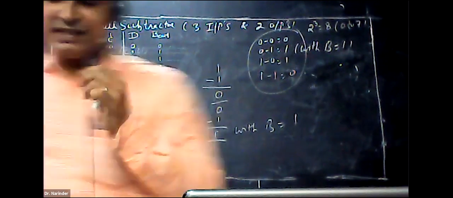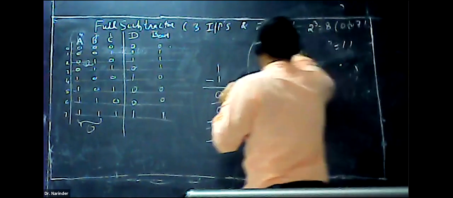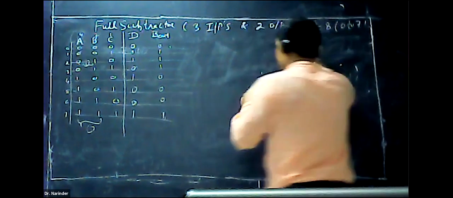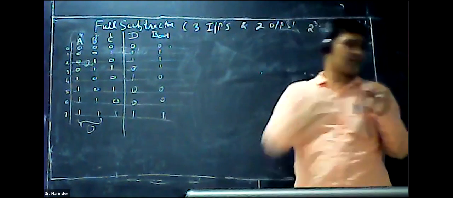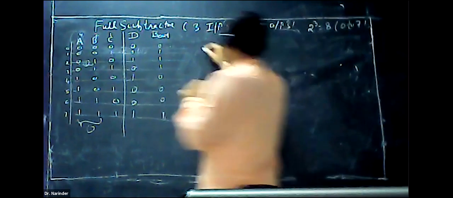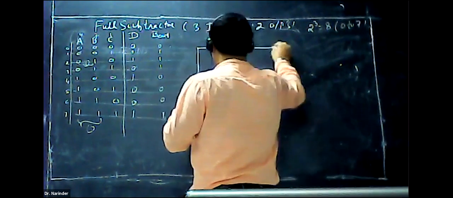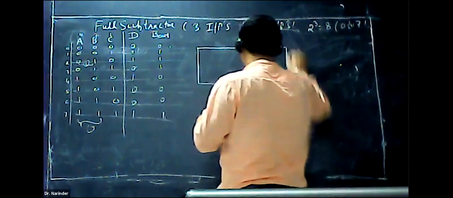Now we have to design the full subtractor. Three variable, you have to design three variable K-map.